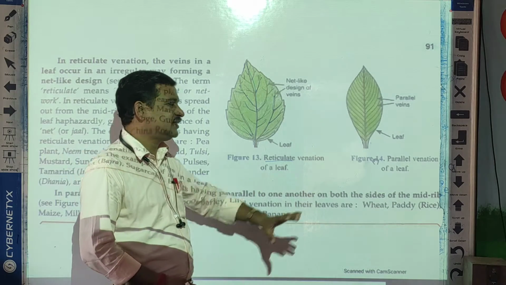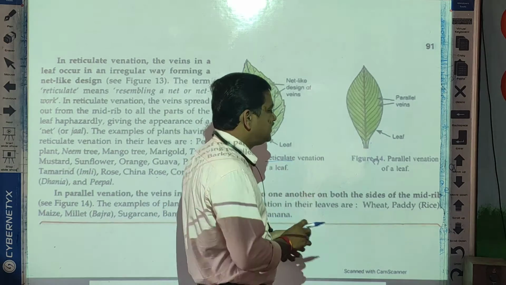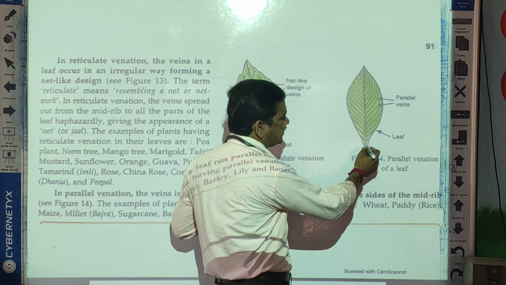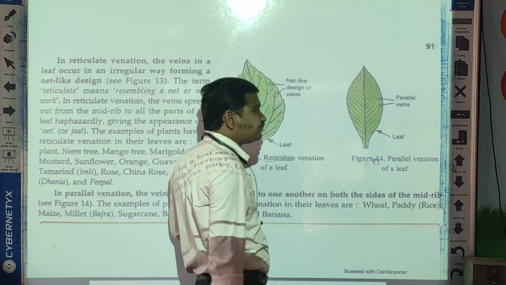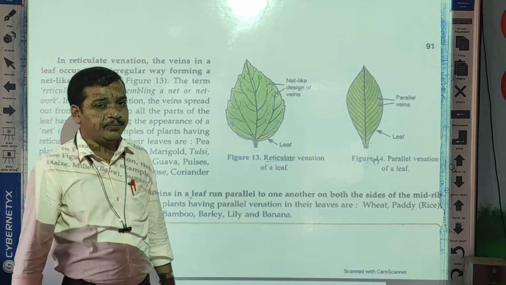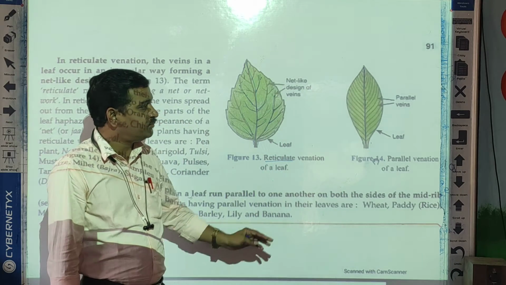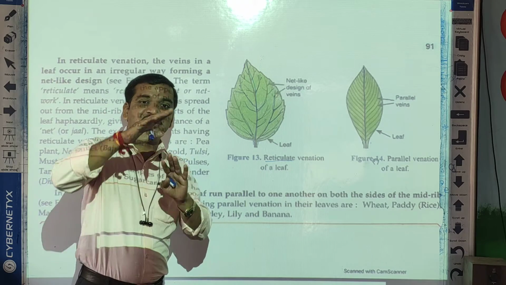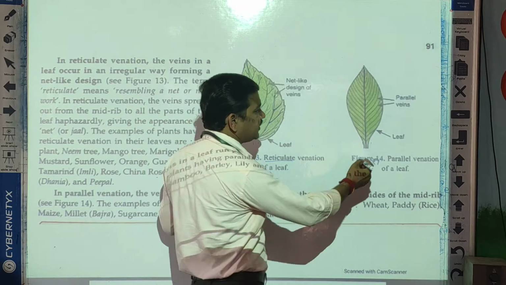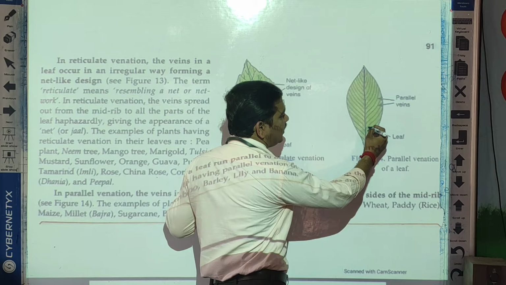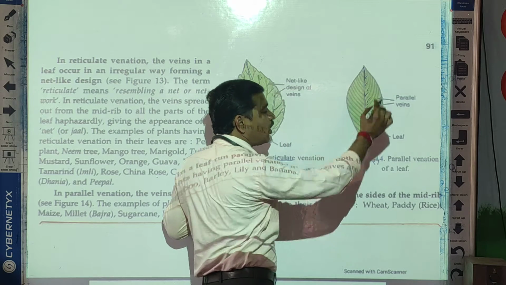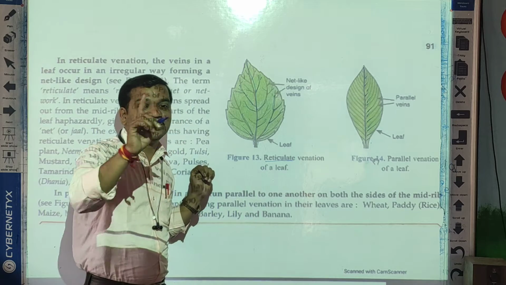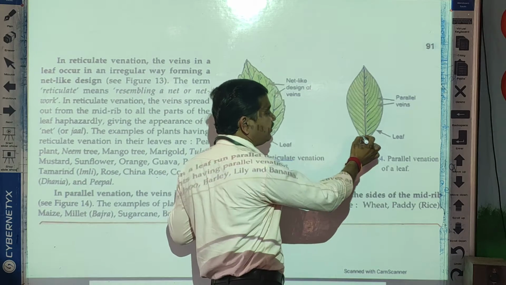Now the second one, this leaf you can see. Here also you can see the midrib. But on both sides of the midrib you can see there are some veins which run parallel to each other. All these veins are parallel to each other.